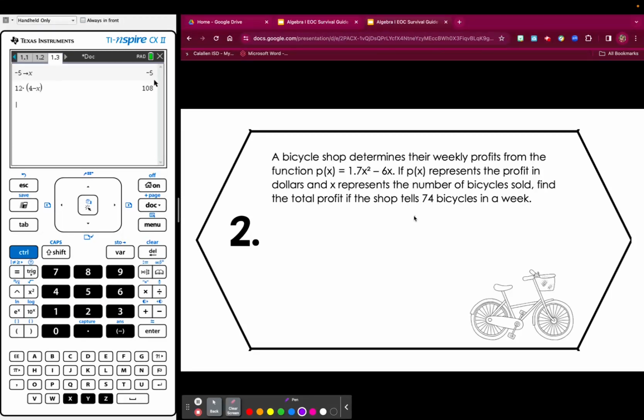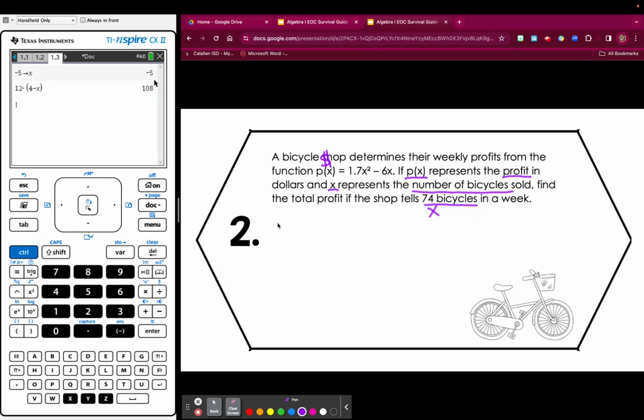First off, we want to identify our variables. p of x is profit, that's our money in dollars, and x represents the number of bicycles sold. The last part of the sentence says find the total profit if the shop sells 74 bicycles. So the number of bicycles is x, which means anywhere I see an x, I'm going to substitute in 74.